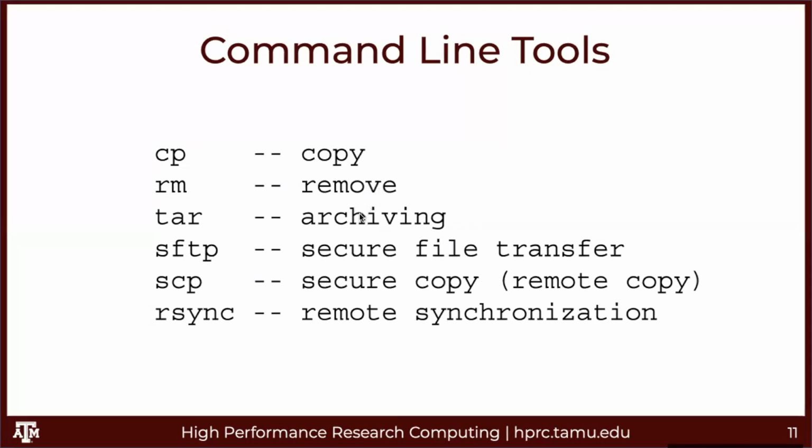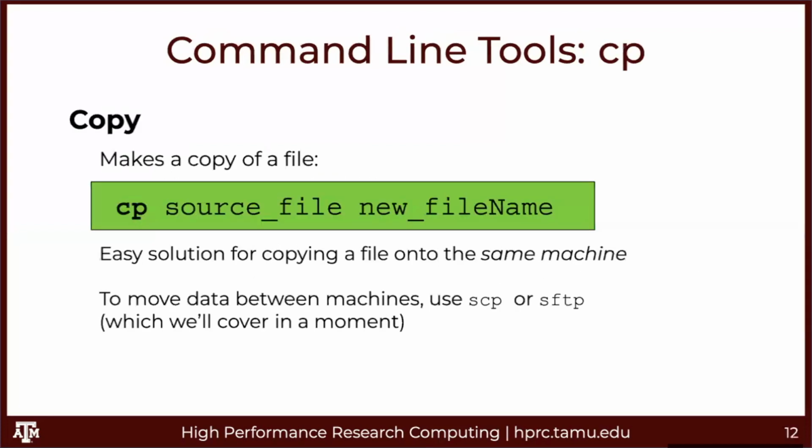Then we'll talk about archiving those files using the tar command, so we can condense many files into a single file, which is much easier to use. And then we'll talk about some of the commands to transfer files between different machines, such as FTP, SCP, and rsync.